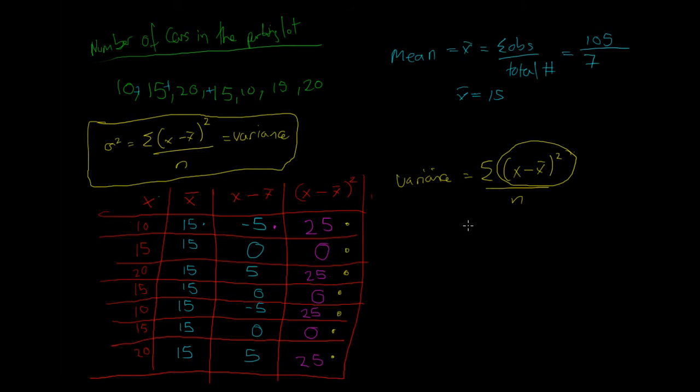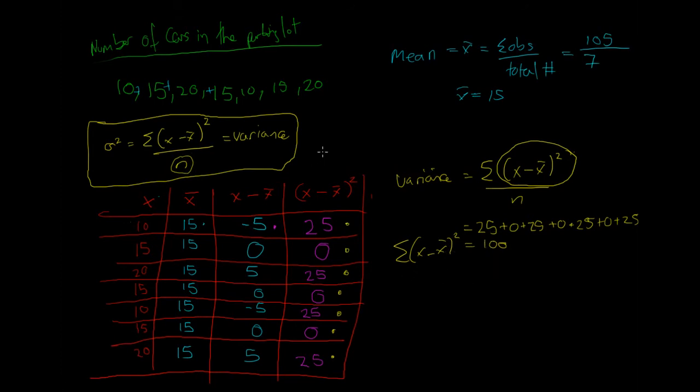If we go through and add them all together, we'll find that we have 25 plus 0 plus 25 plus 0 plus 25 plus 0 plus 25, which is 100. So that equals 100. Then all we do is take our sum of the squared deviations and divide it by the total number of observations which we had, n.